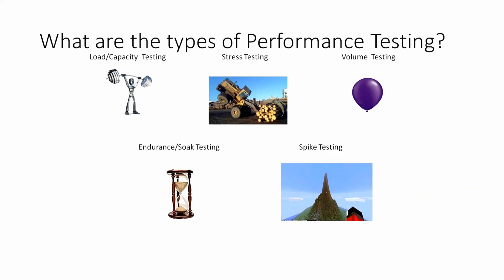And the last one is spike testing. Spike testing means, let's consider an example. During Durga Puja or Diwali, Flipkart and Amazon give you a kind of sale, right? And they will let you know that at exactly 1 o'clock you are going to get a discount of 15% or so.